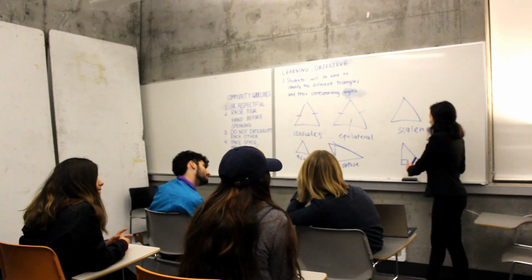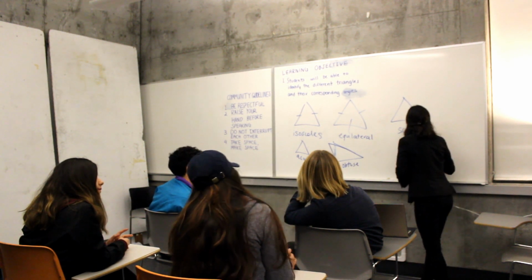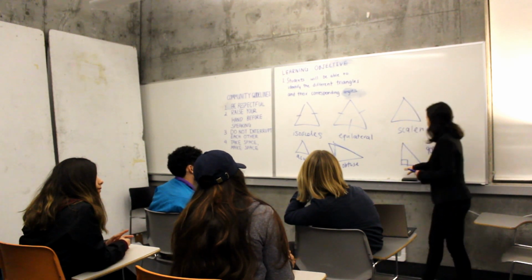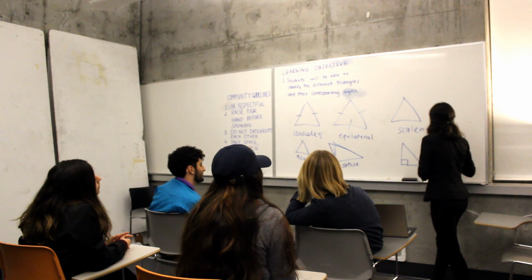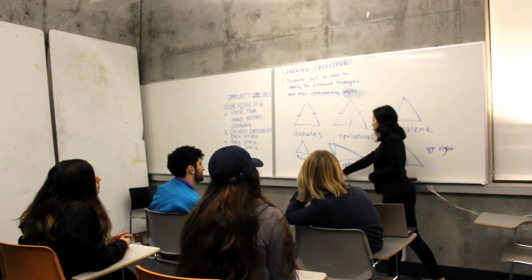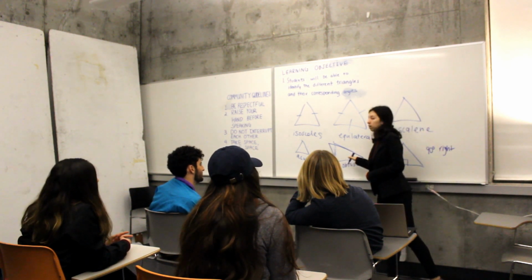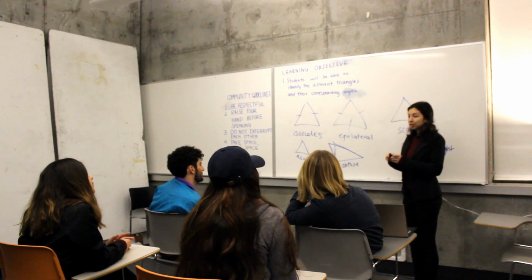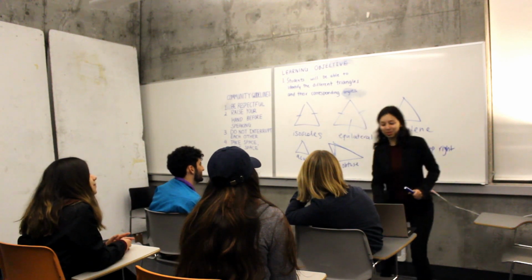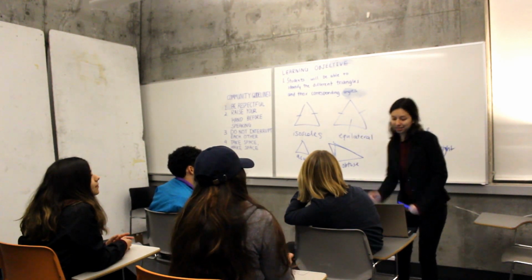It signifies that this is exactly 90 degrees. So just to review, right triangle, 90 degrees; obtuse, more than 90 degrees; and then the other one, acute, all smaller than 90 degrees. So now I'm going to go through this chant to help you learn and memorize.